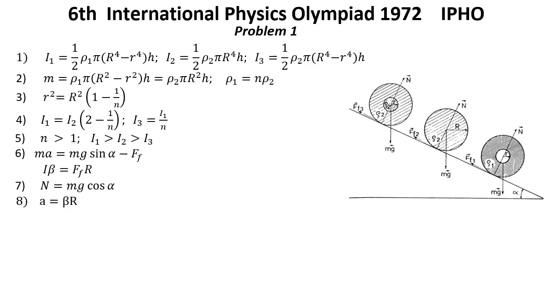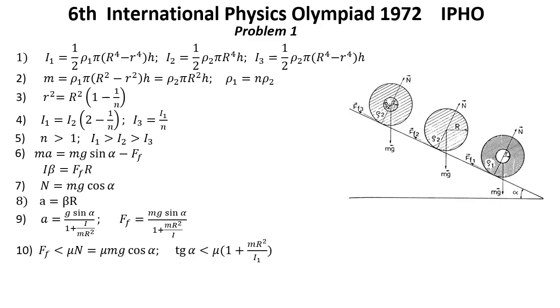Solving the equation system from 6 to 8, we can find that acceleration a equal g sine alpha over 1 plus I over mR square, and the force of friction equal mg sine alpha over 1 plus mR square over I. The condition of non-sliding is next one.